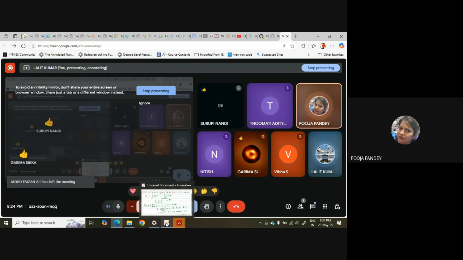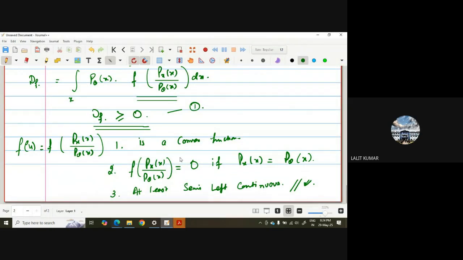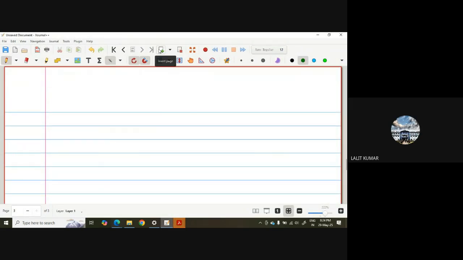Okay, now we have reached a stage where we have to find R, the min over theta of an integral of p theta of x times some function of p_X(x) and p theta of x, dx.